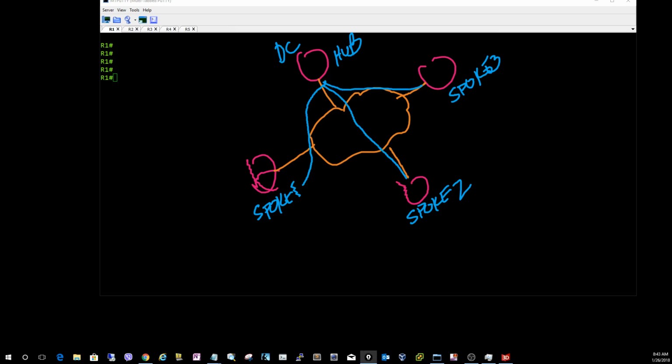Okay, so traffic will now flow like this. If spoke 1 would like to talk to the LAN segment of spoke 2 or spoke 3, traffic would go via the hub, then down to the spoke. Well, that's phase 1.